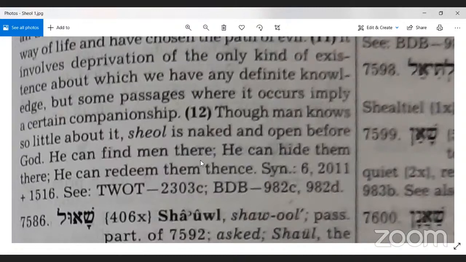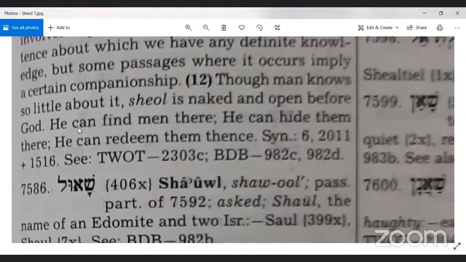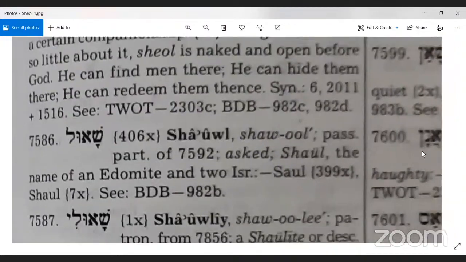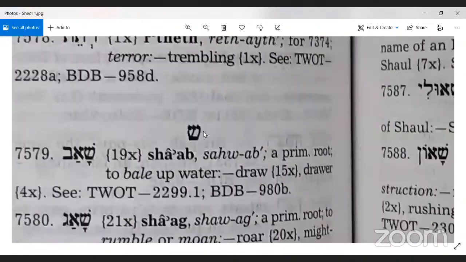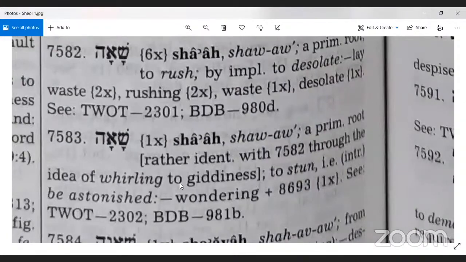But importantly, if he can find men there, that means they have to be conscious, right? He can hide them there. He can redeem them. So there has to be consciousness. Otherwise, they don't exist. And they say that we exist there.